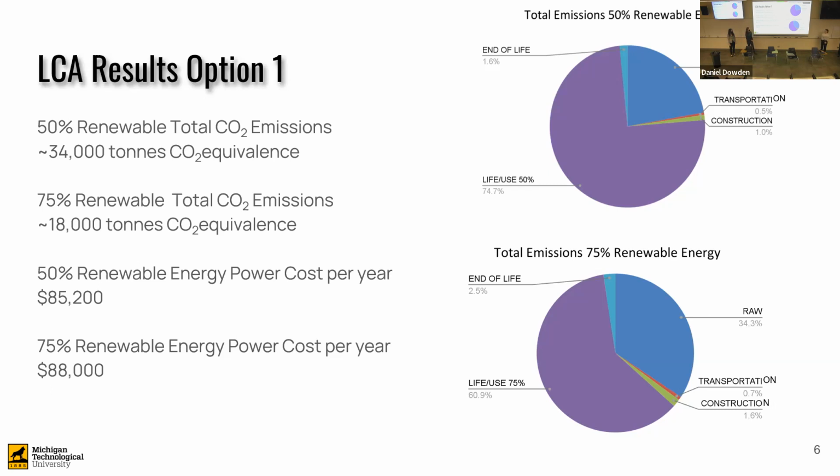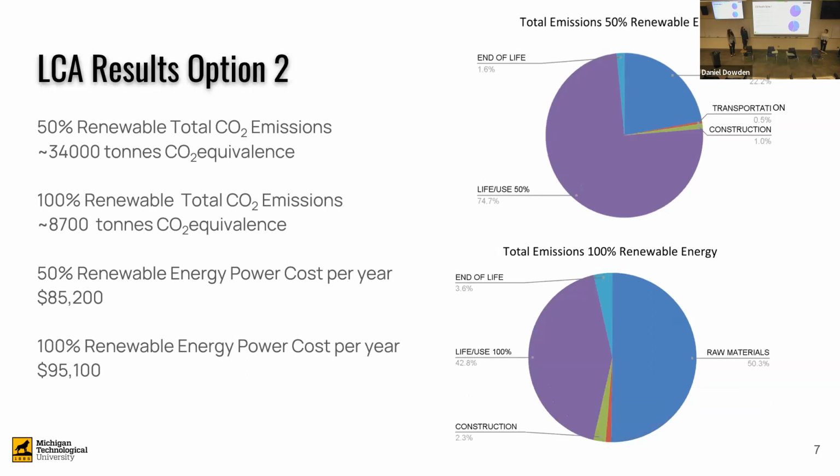So there is going to be an associated increase in cost from this power coming from downstate, but for the 25% increase in renewable energy, it is only around $2,800 extra per year to do this. And so jumping into 100% renewable energy, there is an additional decrease in the amount of emissions.